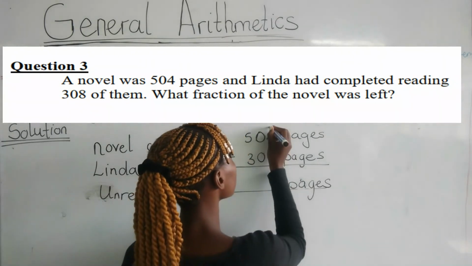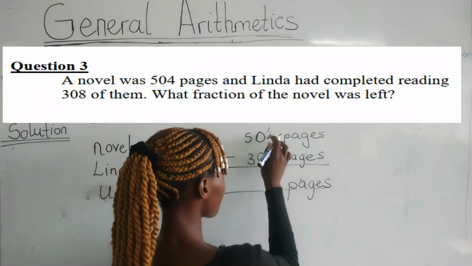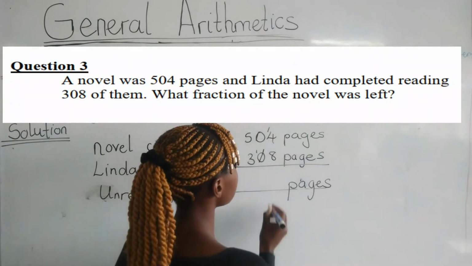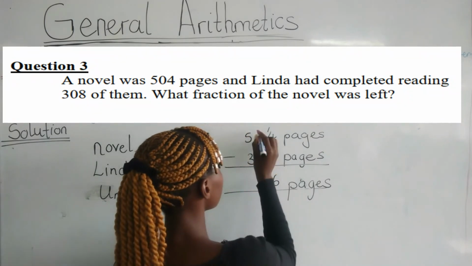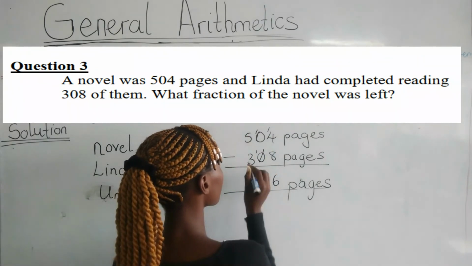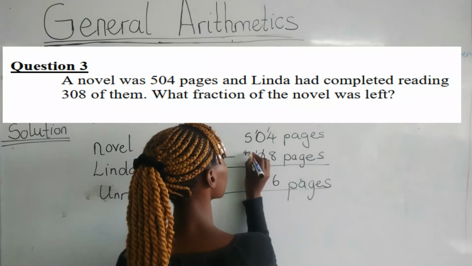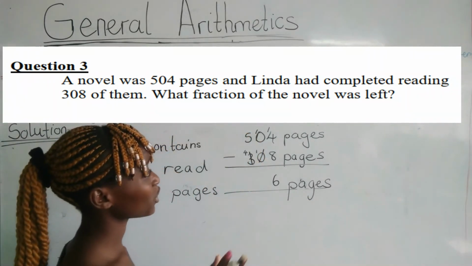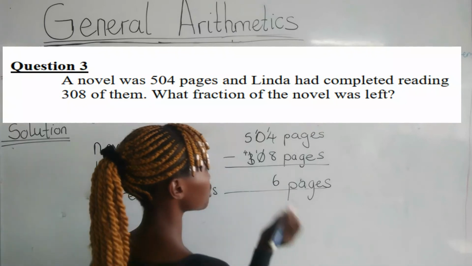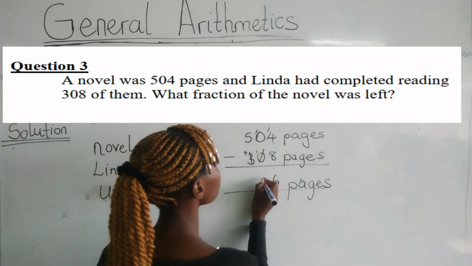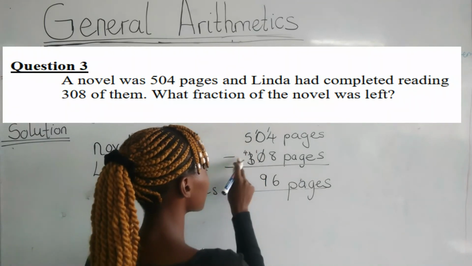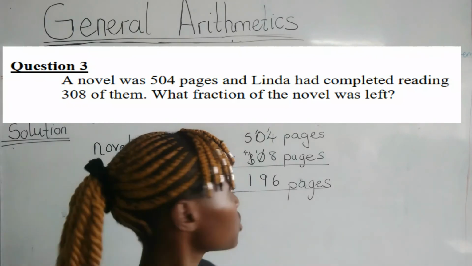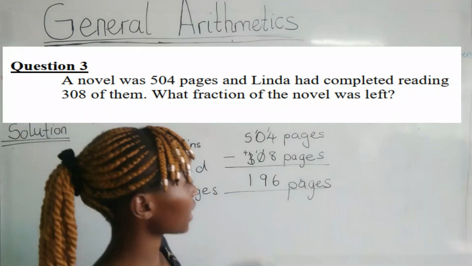So we are going to borrow and carry here. 14 minus 8 is 6. I'm not sure of the borrowing and the carrying, but this is how it's done. 10 minus 1 is 9. 5 minus 4 is 1. So 196 pages were the ones which were unread.